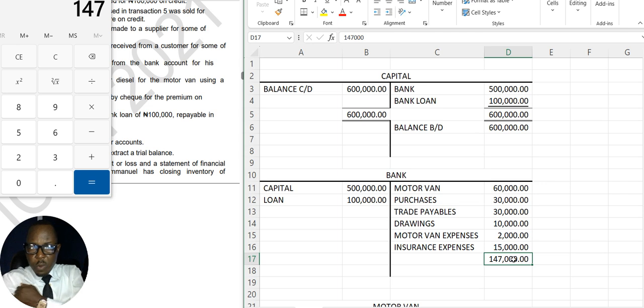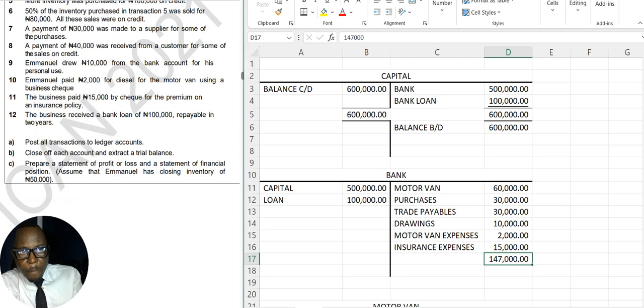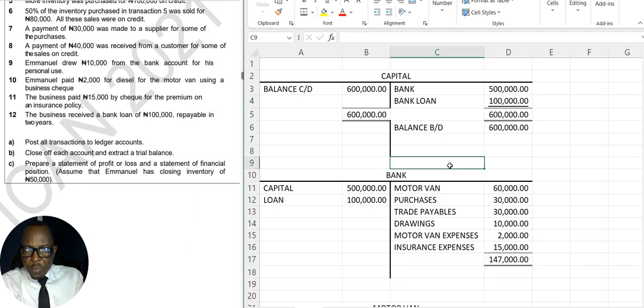All right, so you see this 147, we'll bring it to this place and put our normal single line up, double line down. Do the same thing here.